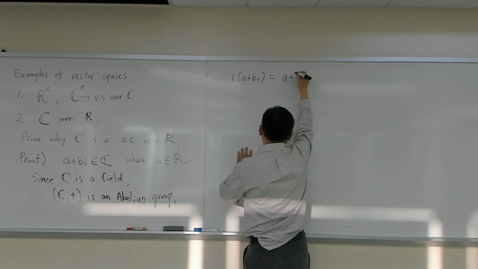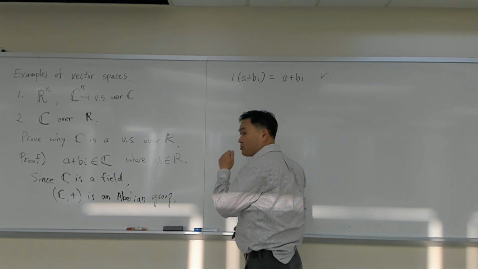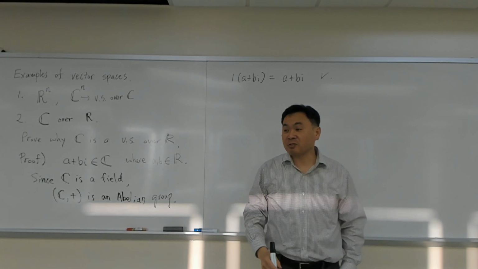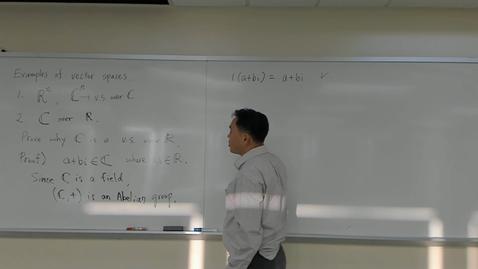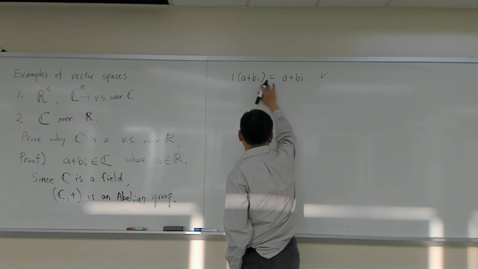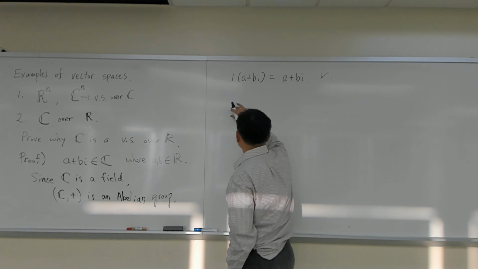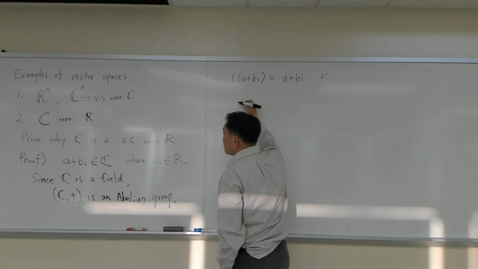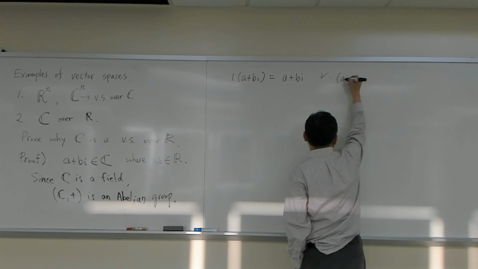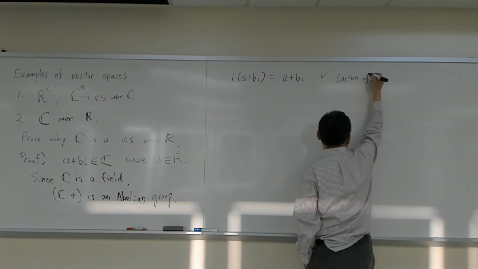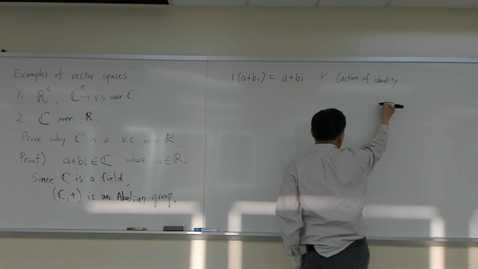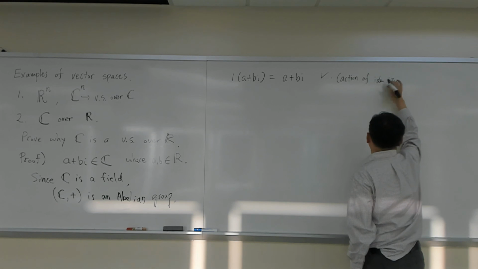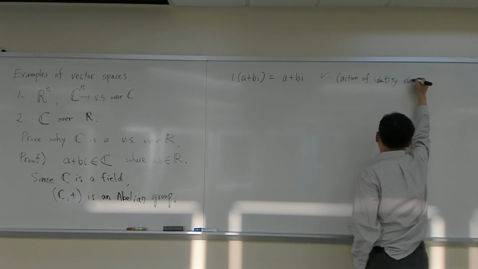It's just a + bi, so the 5th and 6th properties say that multiplication by a real number is a group action. So there's this action of the identity, and there's the identity element.